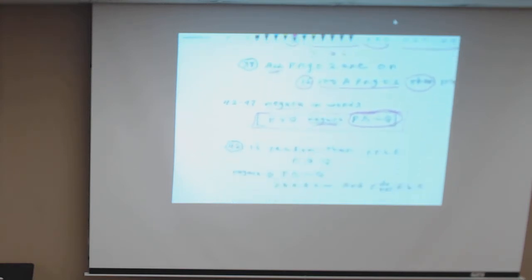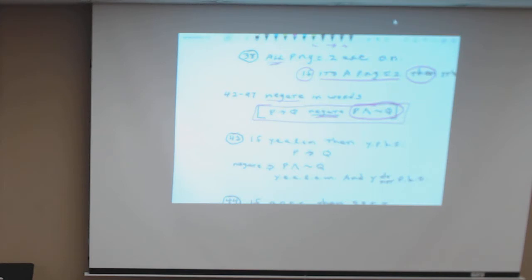Number 42. If you earn a lot of money, then you pay high taxes. So that would be if P, then Q. So how do I negate that?